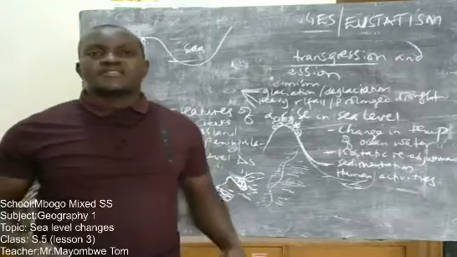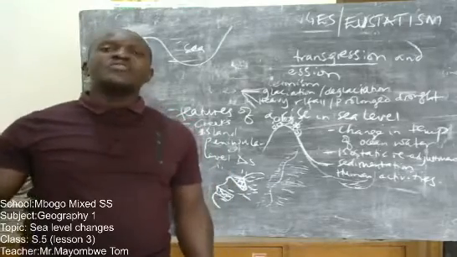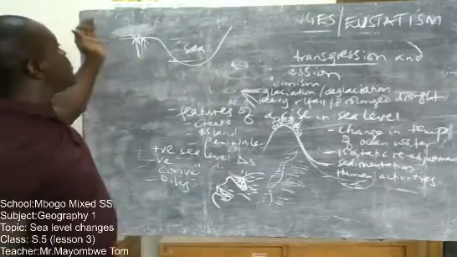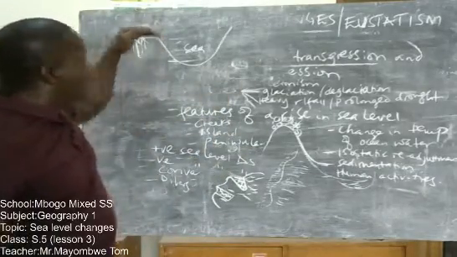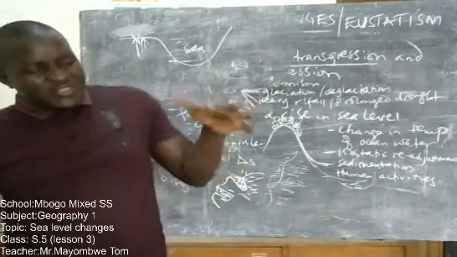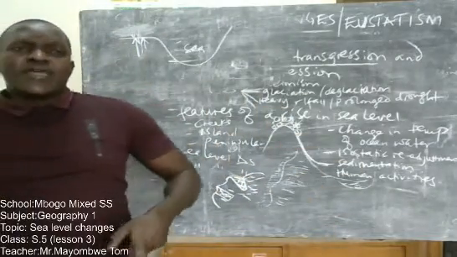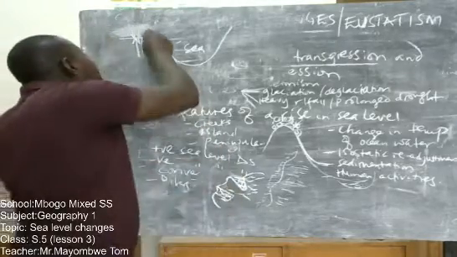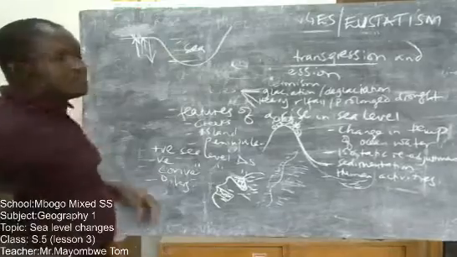On the other hand, when the denudation processes and erosion occur and deposit materials over the land, these materials that have been deposited over the land exert a lot of pressure on the land, causing the land to sink.